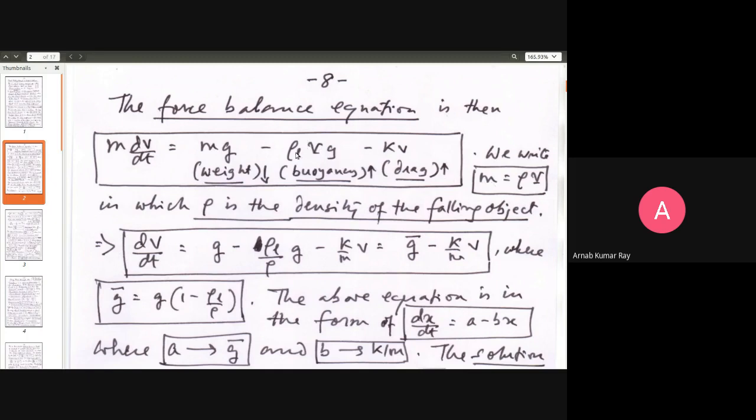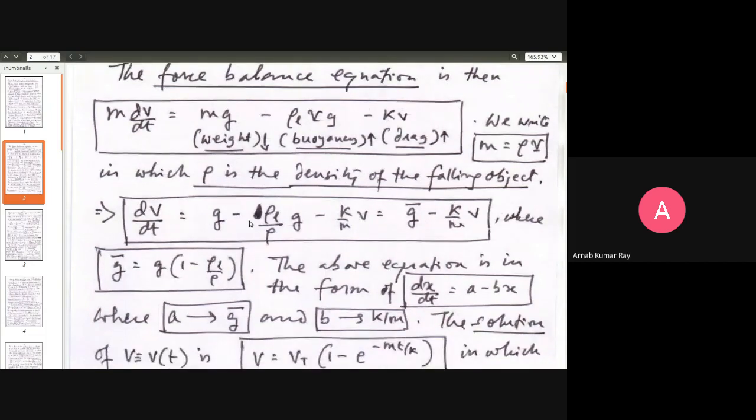And so here you have rho L times V divided by M. But M is rho into V, where V is the volume. So this V and this V will cancel, and you'll just have rho L by rho, rho L being the density of the liquid and rho being the density of the object falling through the liquid. Then you have got minus k by m into v. So you can see this equation is like v is a function of t.